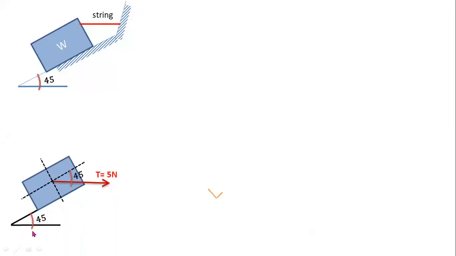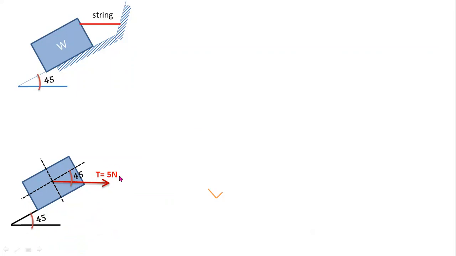Now you have to consider the given diagram and convert it into a free body diagram. Here, this is the tension. We already know that tension is always induced in the string, in the direction of the string. Here, the string is horizontal, so you have to consider a horizontal tension.